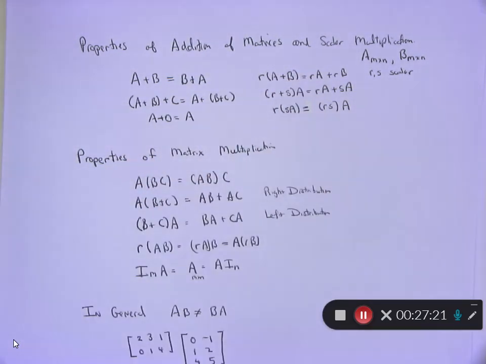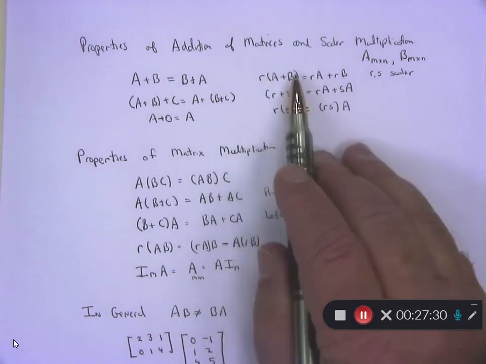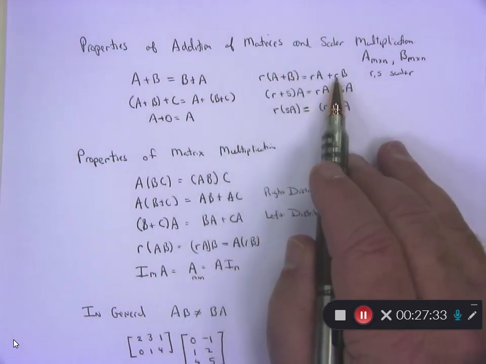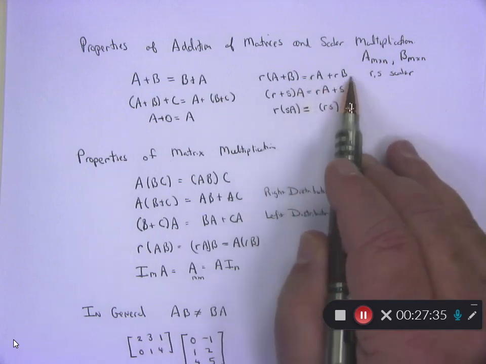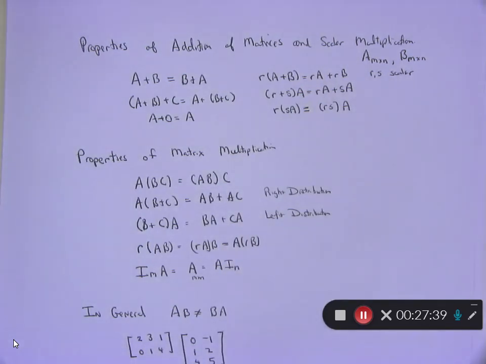How about scalar multiplication and addition with matrices? If I multiply scalar R times A plus B, you can distribute R and get R times A plus R times B, and it's going to be the same thing. So listen up. You can distribute the scalar, which means I can multiply through by the scalar and drop my parentheses.